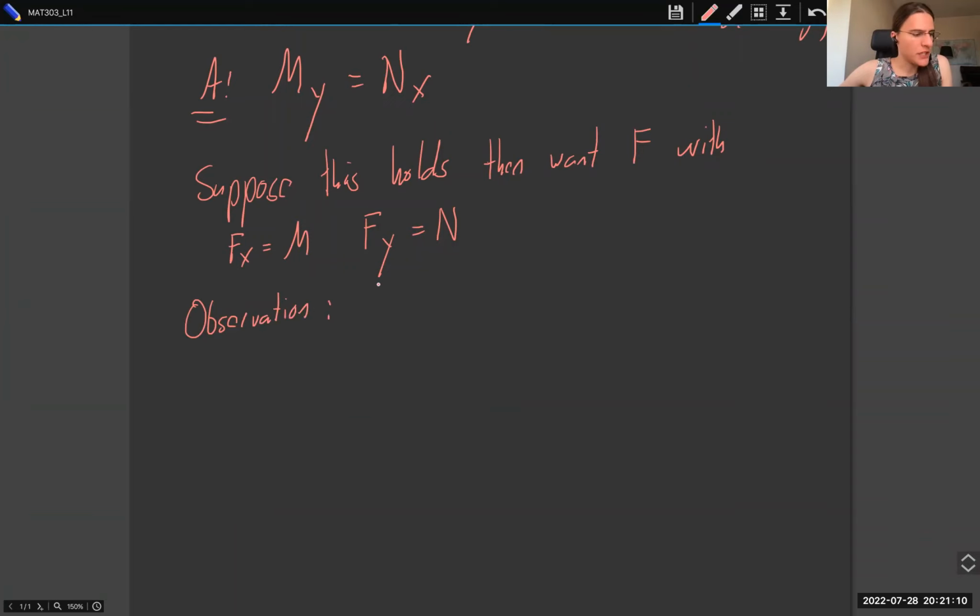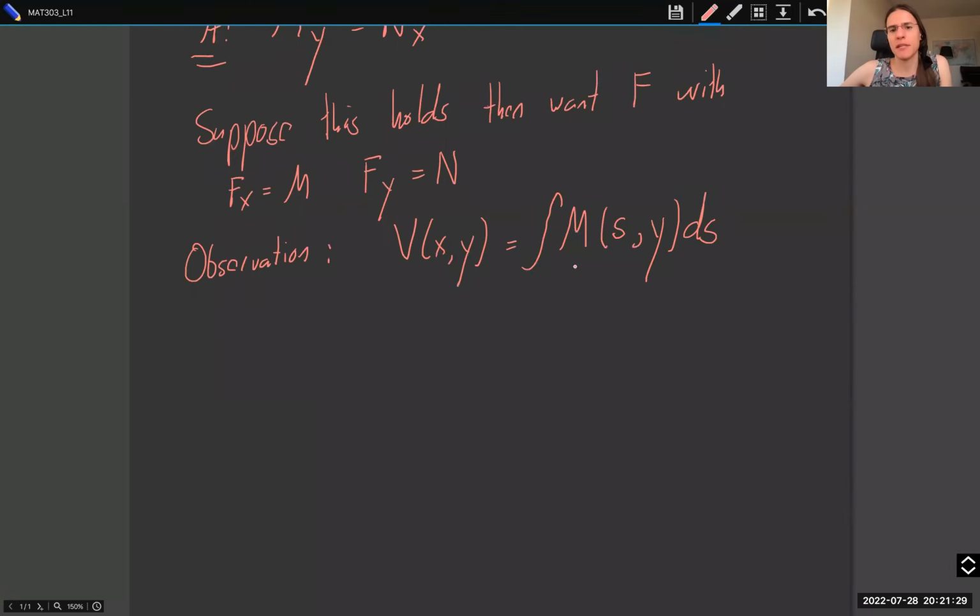And so the observation is that if we consider the function v of x y equal to the integral of m with respect to s, for this fixed value of y, ds. We're going to take a specific antiderivative, and just to make it rigorous, we're going to put bounds on this.